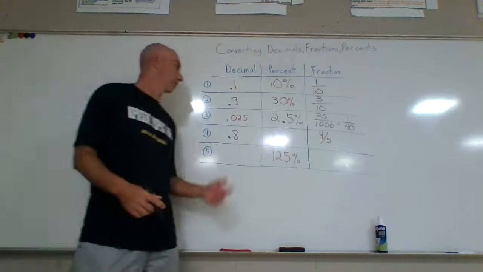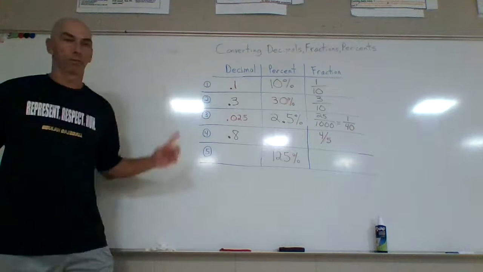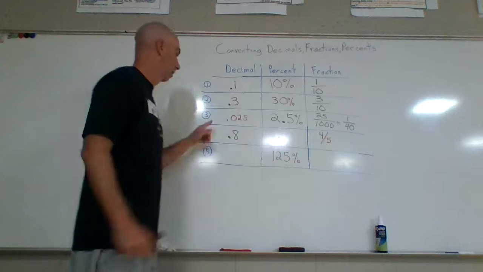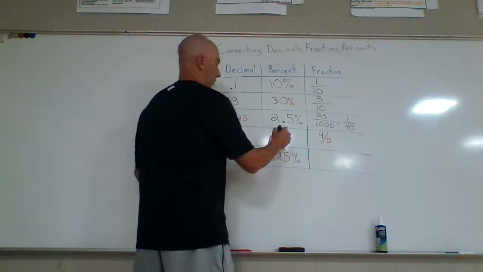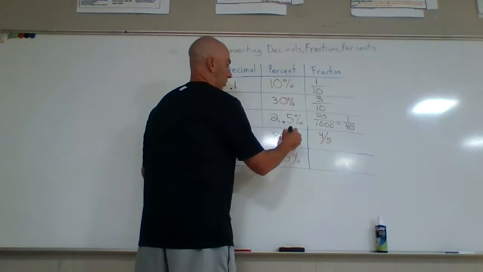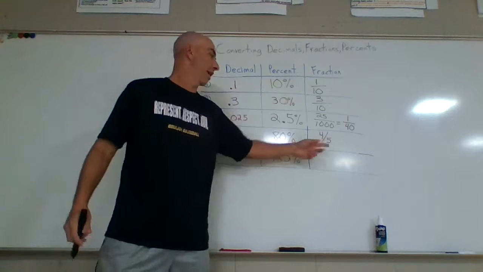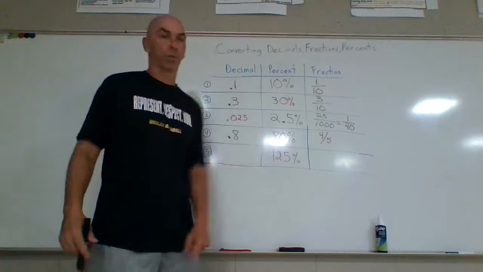Now we've got the decimal, we can go to the percent. Move it over twice. Make it bigger when you're making it a percent. Boom, 1, add a 0, 80%. So if you get 4 out of 5 questions right on a test, you're going to make an 80.